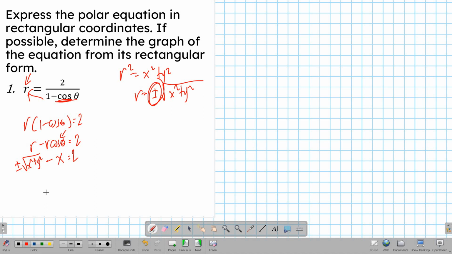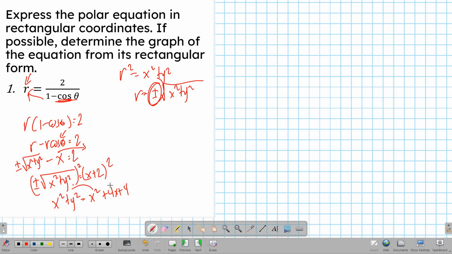And since this is an equation in radical form, let's transpose this here. I'm going to have positive or negative square root of x squared plus y squared equal to x plus 2. So that we don't have any radicals, let's square that. I'm going to have x squared plus y squared equal to x squared plus 4x plus 4.